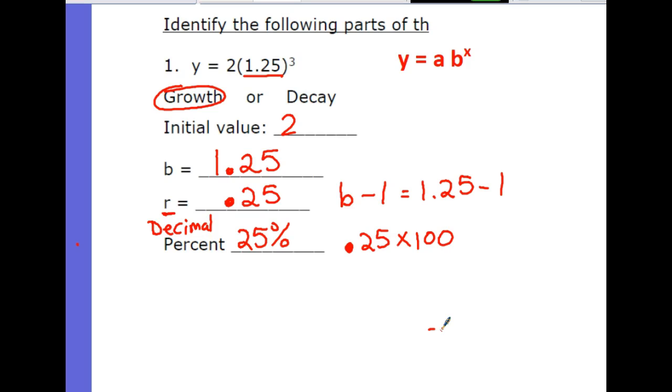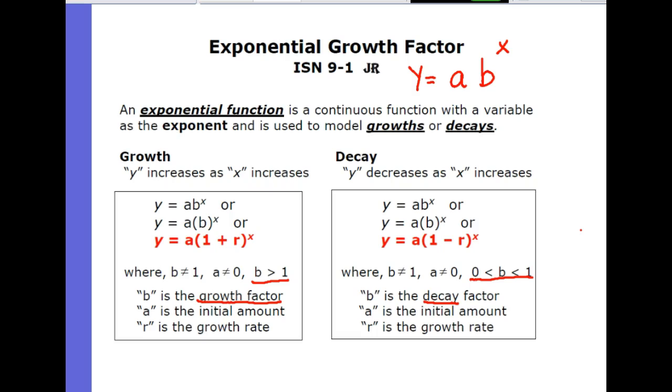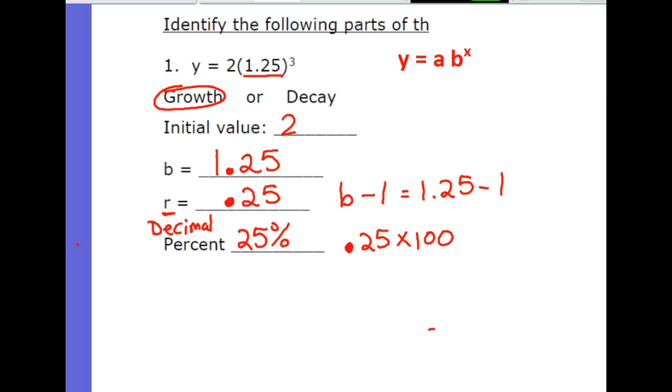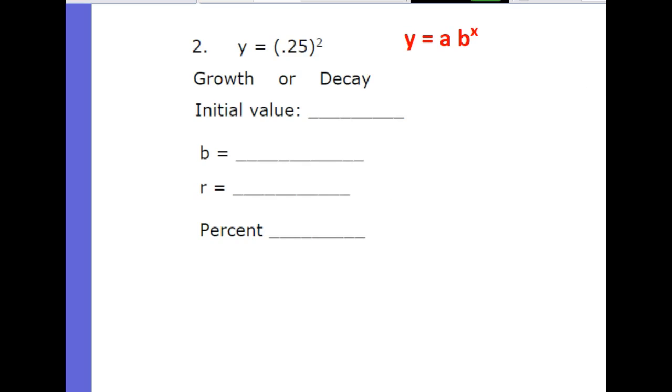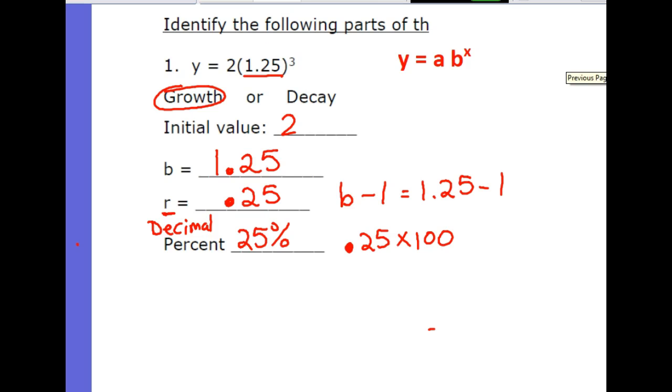Now, is that all pretty easy? See, I told you this was going to be easier. Wait, let me go back to that one. There's a thing I needed to say here about order of operations. Some people want to multiply the 2 times the 1.25 to try to simplify it.